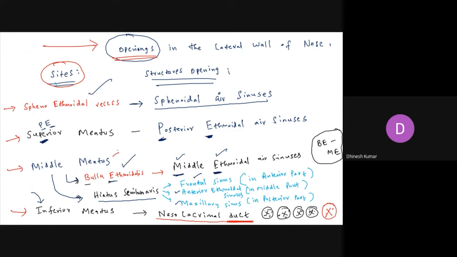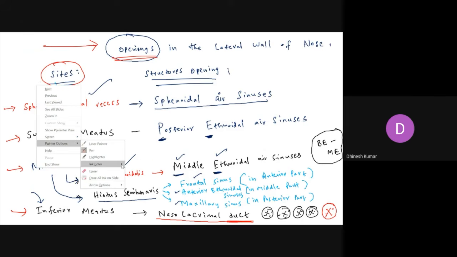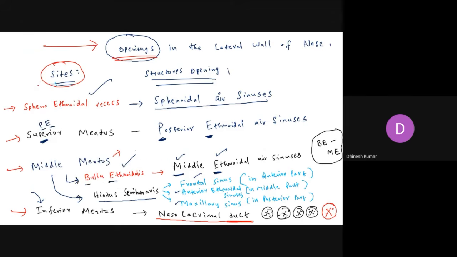So the middle meatus receives the openings of various paranasal sinuses, right? If you want, you can remember it as FAME. What are the paranasal sinuses opening into the middle meatus? Frontal air sinus, then anterior ethmoidal air sinus, then middle ethmoidal air sinus, then maxillary air sinus. All are opening into the middle meatus. And I hope you know the site of opening of the sphenoidal air sinus and posterior ethmoidal air sinuses.